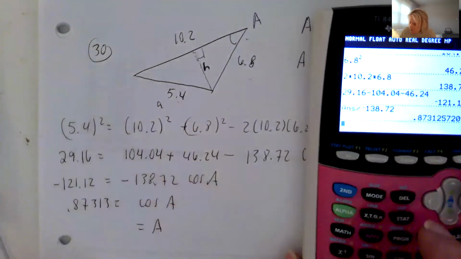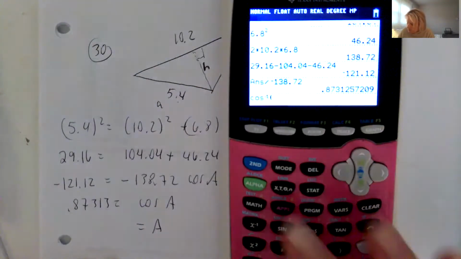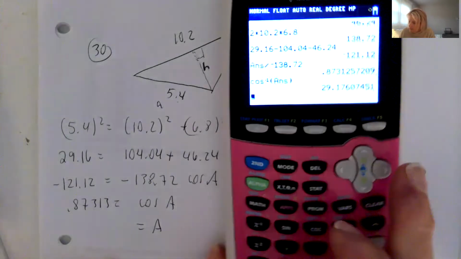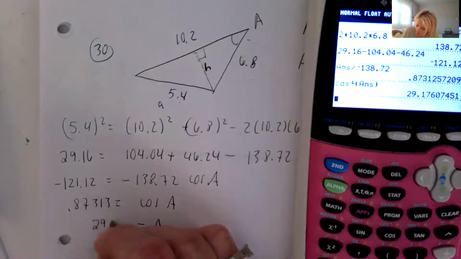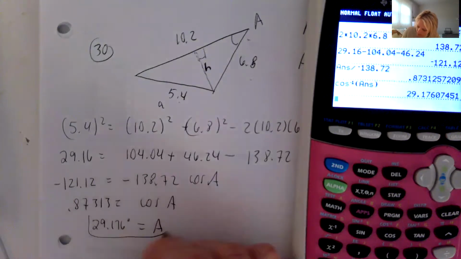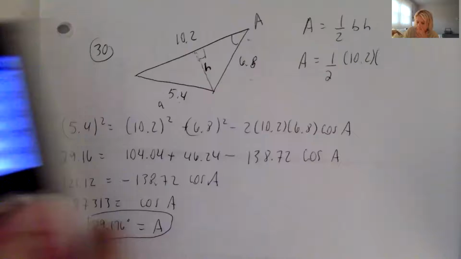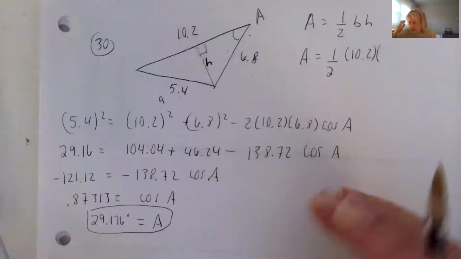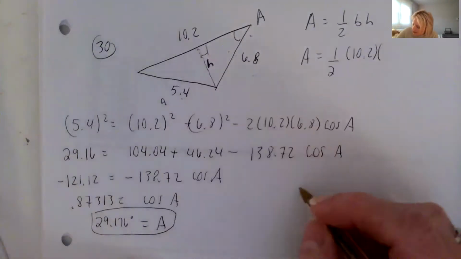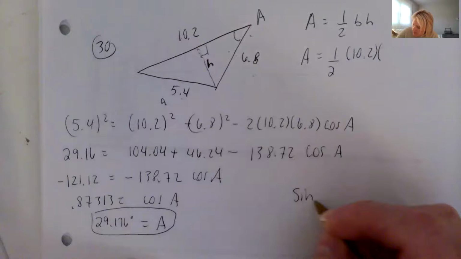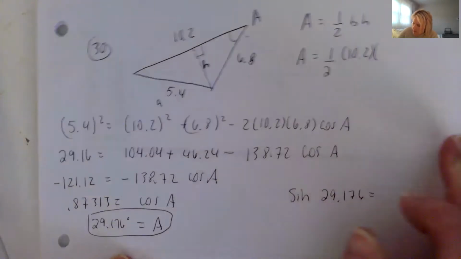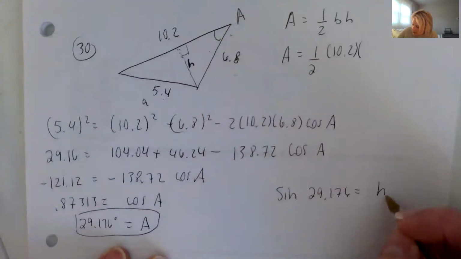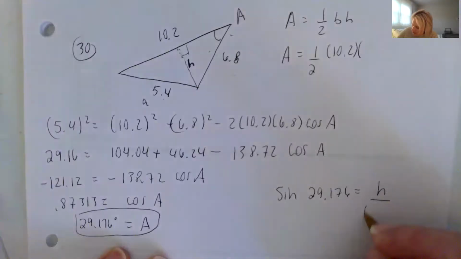Using the inverse cosine, our angle is 29.176 degrees. Okay, so now we know angle A, so we know the sine of 29.176 is going to be equal to H over that hypotenuse of 6.8.